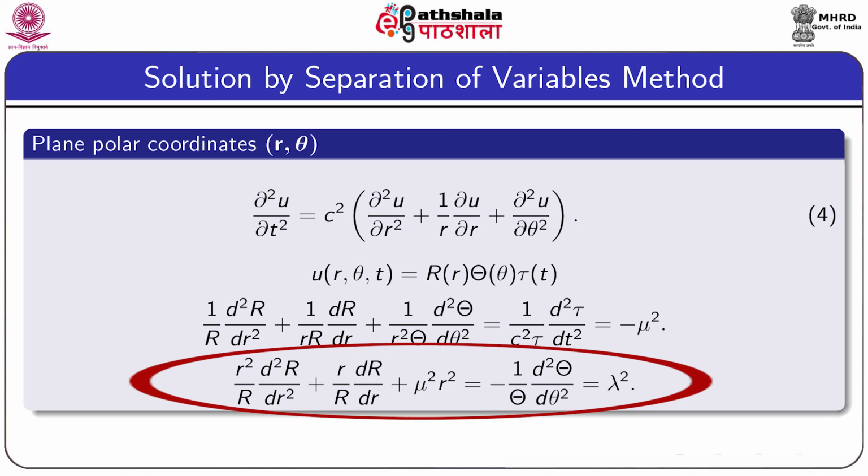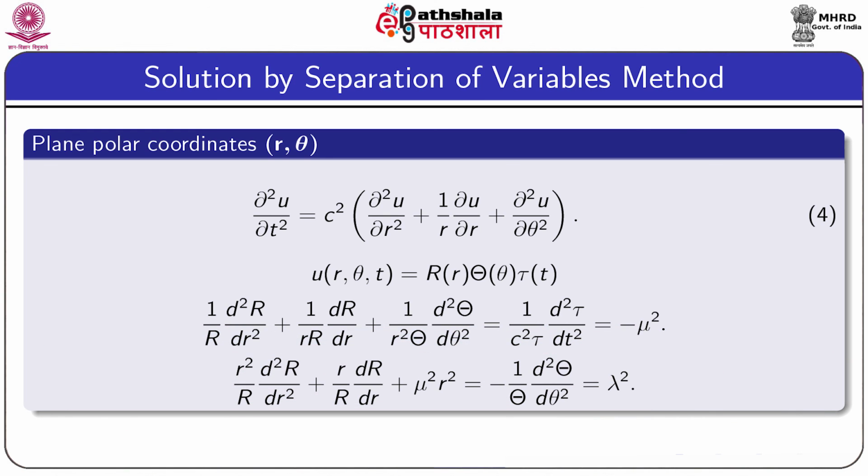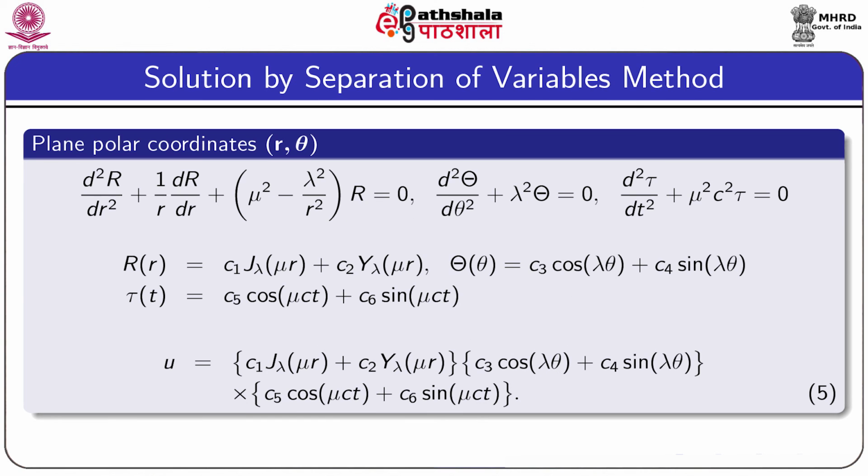Now, we are separating the functions of r and θ, and we are assuming the separation constant as λ². So, assuming λ² as a separation constant, we obtain the equations for R and Θ, which are written here: d²R/dr² plus (1/r) dR/dr plus (μ² minus λ²/r²) R equals 0.